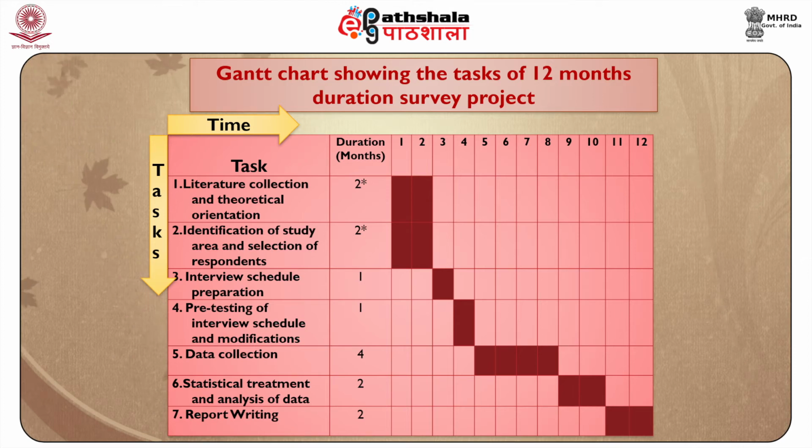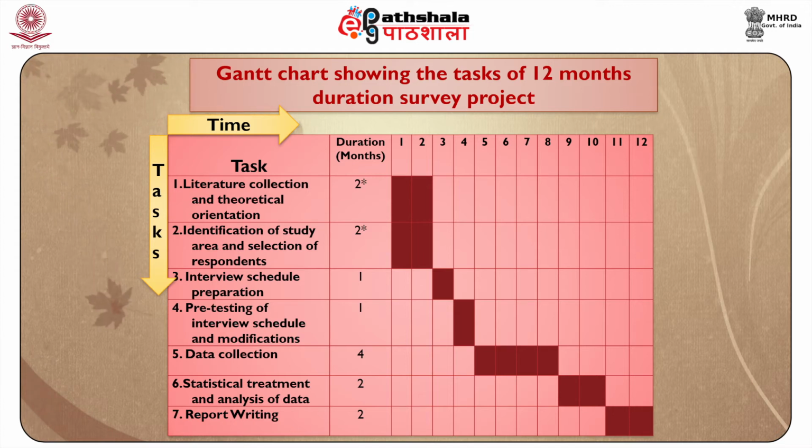And one important concept here is concurrent tasks or concurrent activities. The time duration to complete concurrent tasks may be the same. For example, task 1, literature collection and theoretical orientation, takes 2 months time.